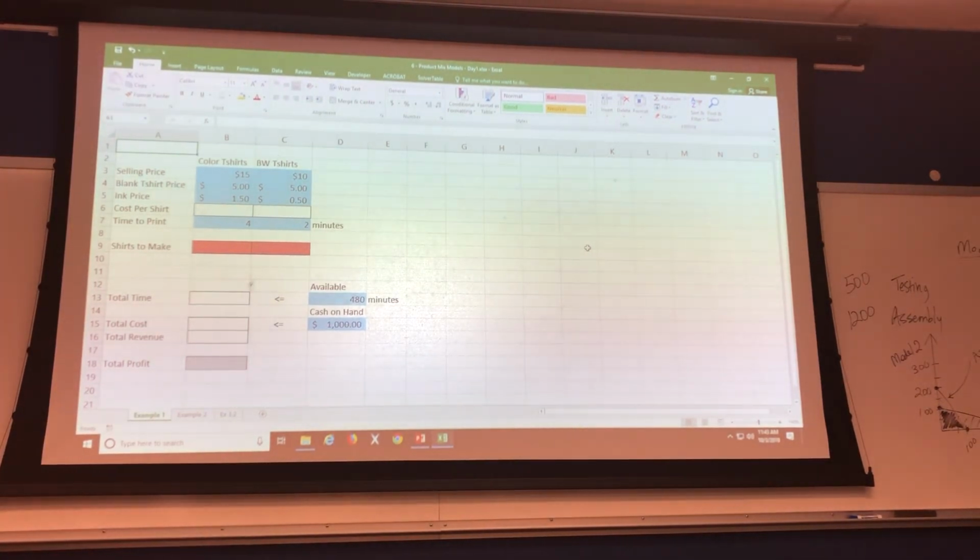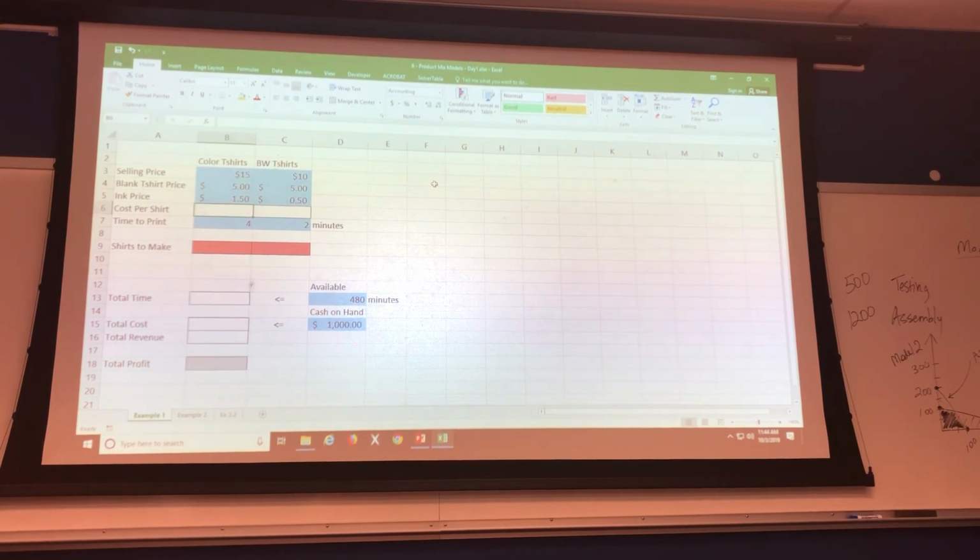Okay. All right, let's start with the easy stuff. What's the total cost per shirt of producing a color shirt? The cost to you is what, by the time you've purchased everything you needed?